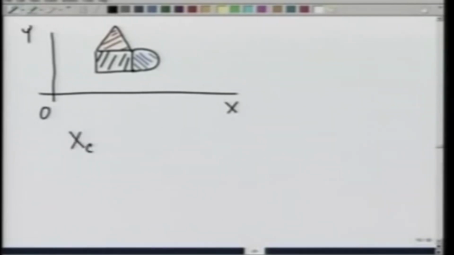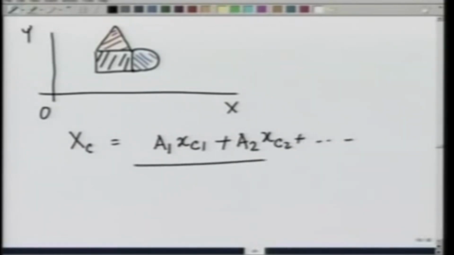x c of the entire system would be equal to the area of system 1 times its centroid plus area of the second area times x c 2 plus and so on, divided by the total area and so on.